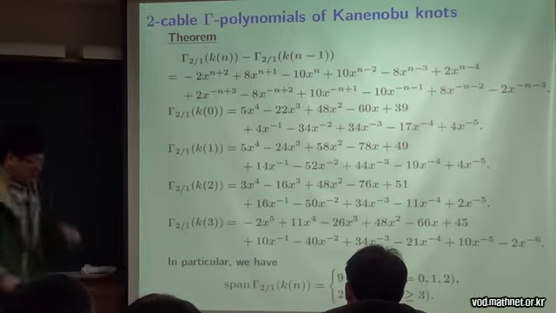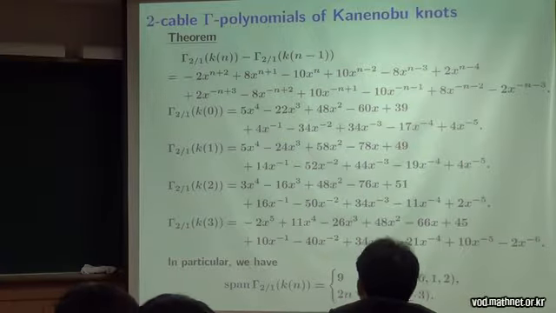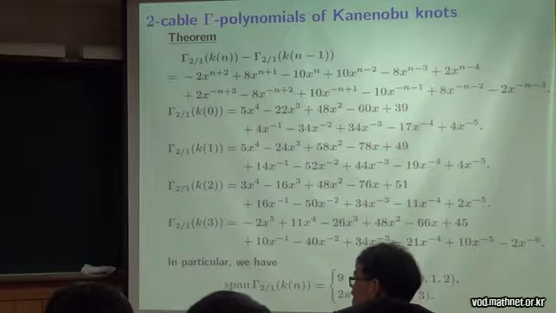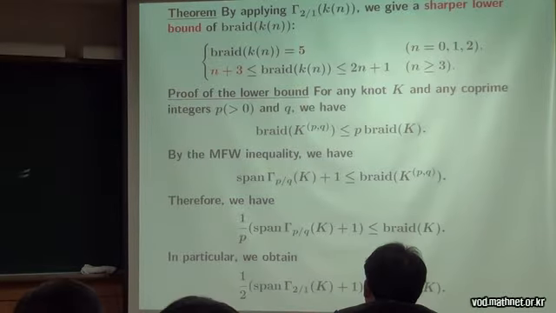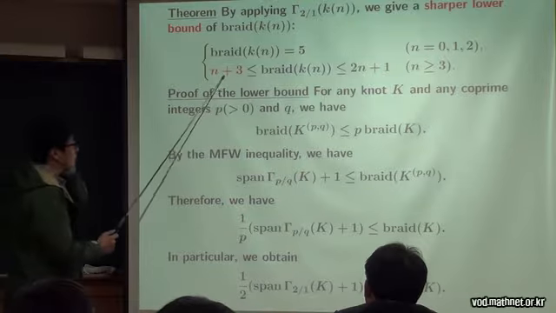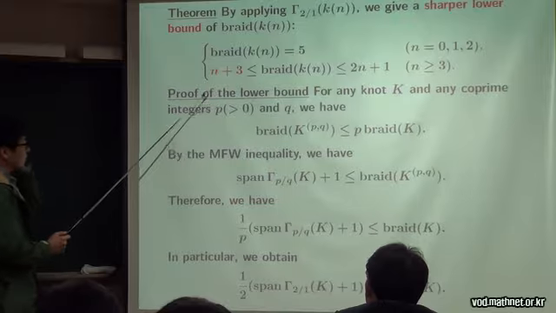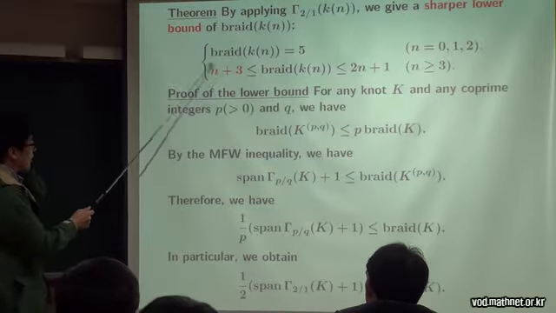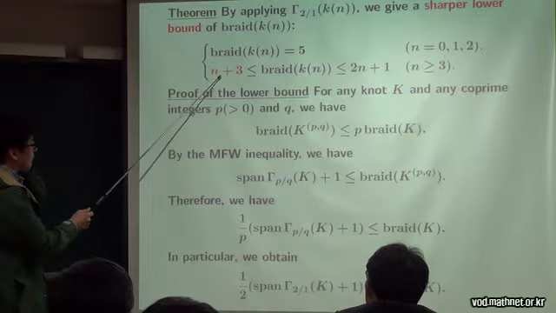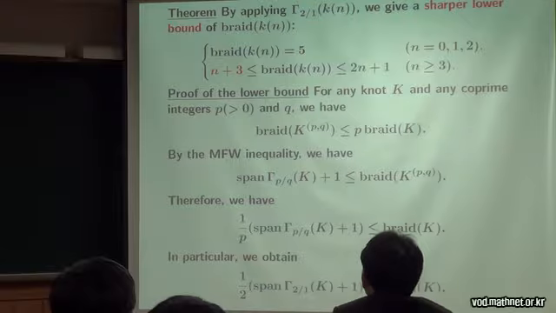So this is good. By applying this polynomial, we obtain a sharper lower bound of the braid index of the Kanenobu knot, like this part. The original case is always 5, but we obtain a sharper lower bound, n plus 3.